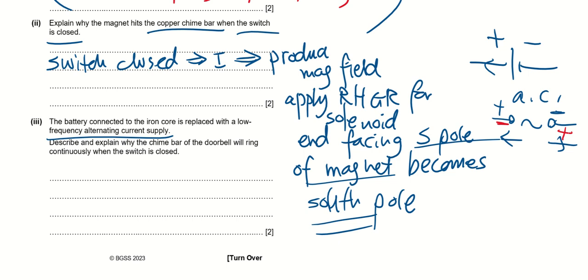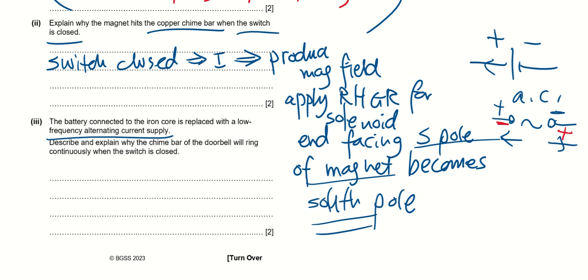But anyway, not in our syllabus. But now they can just tell you that alternating current, the current changes direction. So if the current changes direction, what is the implication? The direction of the magnetic field will change direction as well. So right hand grip rule, 1 second you are doing this, the other cycle you are doing this.